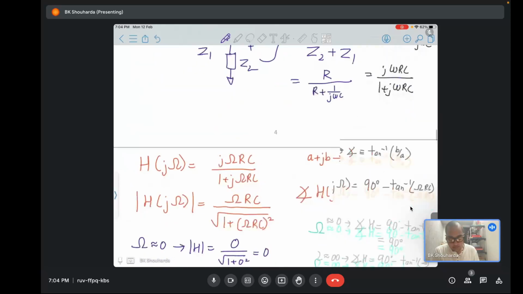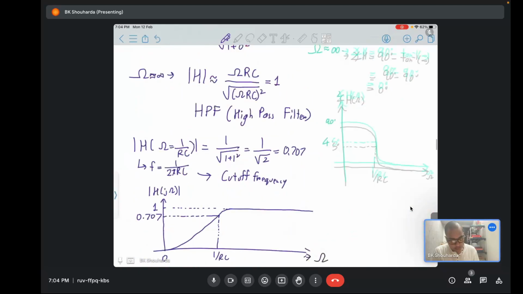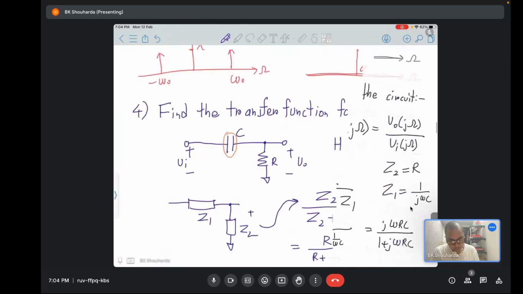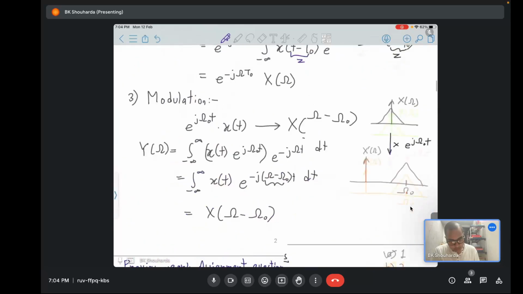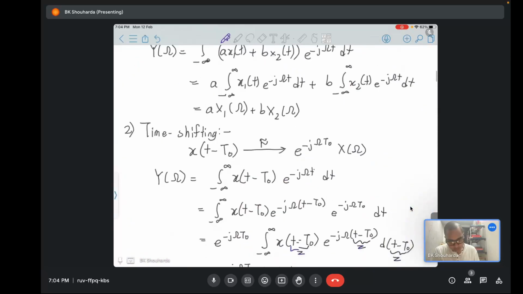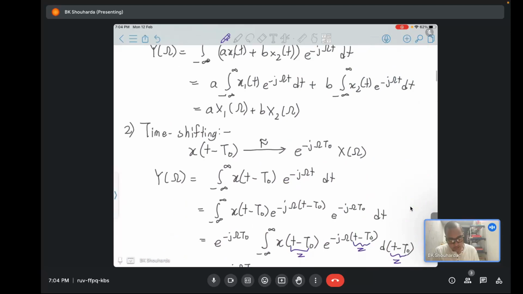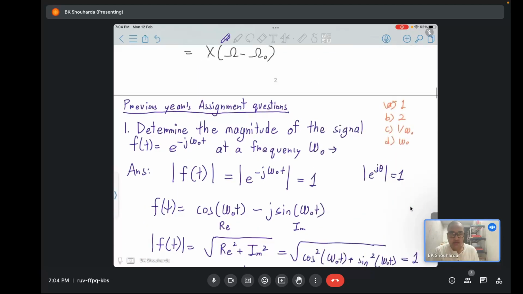Even this x of t minus tau, e to the power minus j omega naught t, also has a negative phase. So real life systems have delay, and that delay corresponds to a negative phase in the phase spectrum.